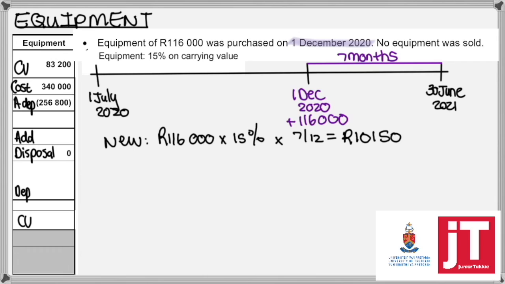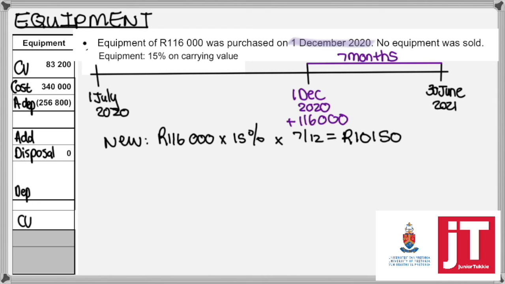So the depreciation on the new is 116,000 times 15% times 7 divided by 12. Please take note again. I've used the cost of the equipment, although they said it's on carrying value.